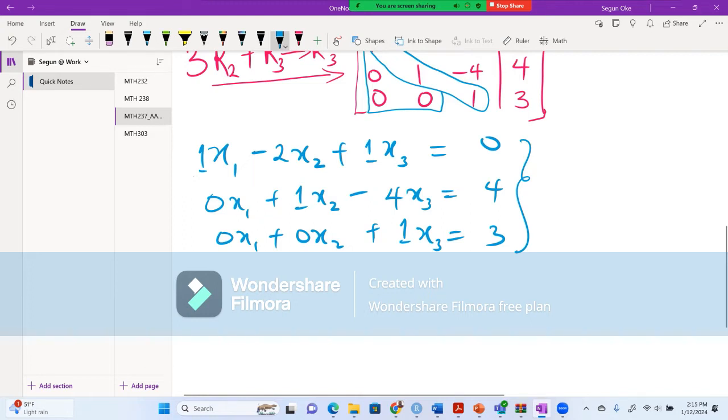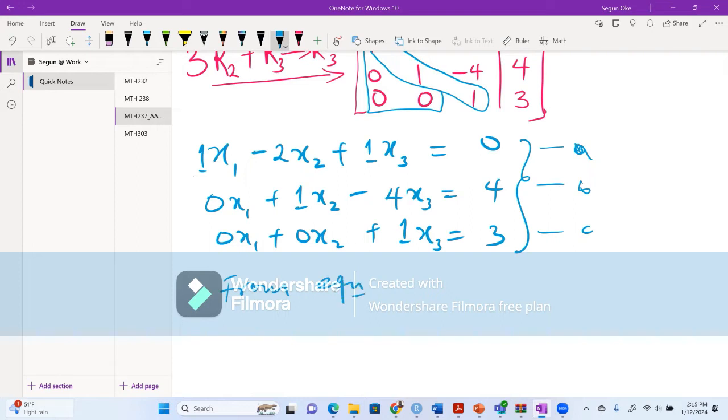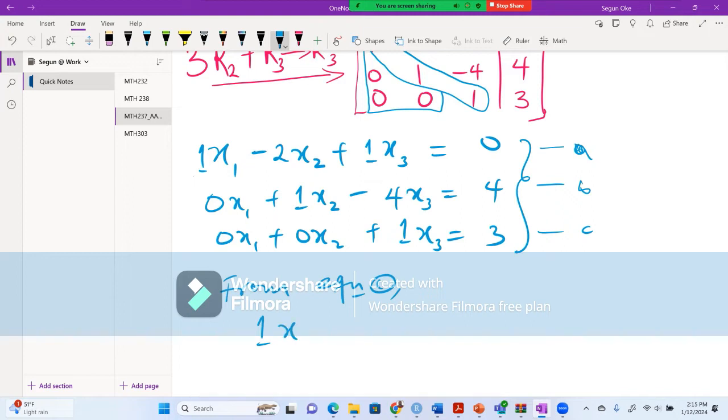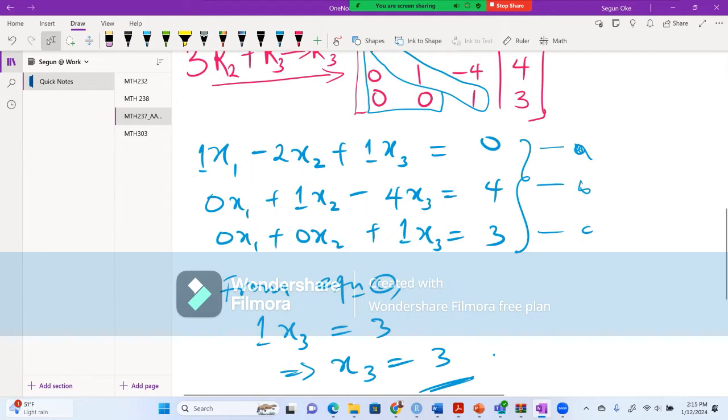Let's say this is equation A, equation B, equation C. So let's start from equation C. From equation C, you have 1s3 equals 3, which simply implies that s3 equals 3. Now we have s3.